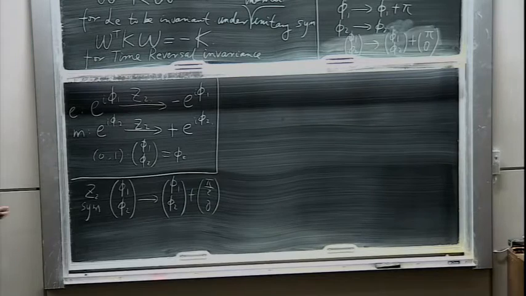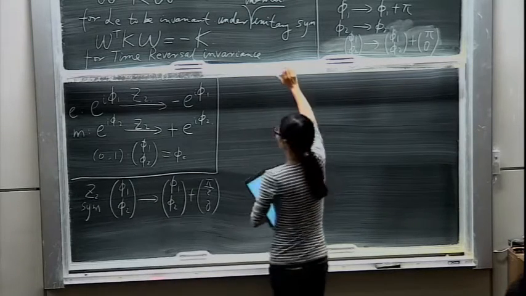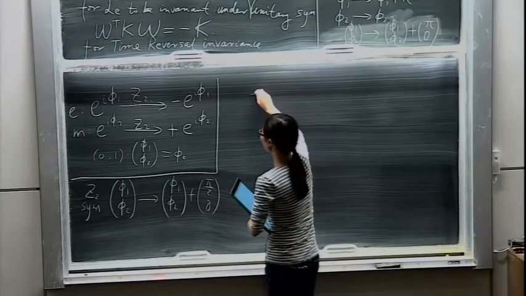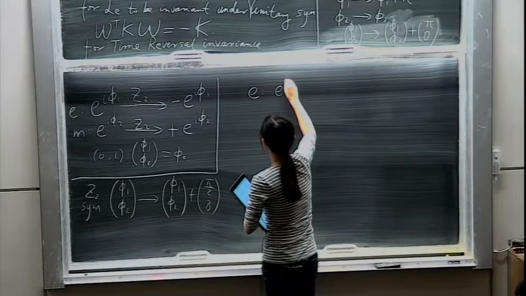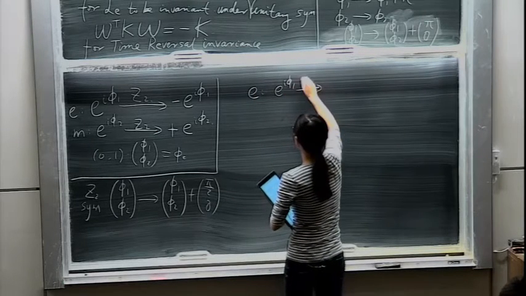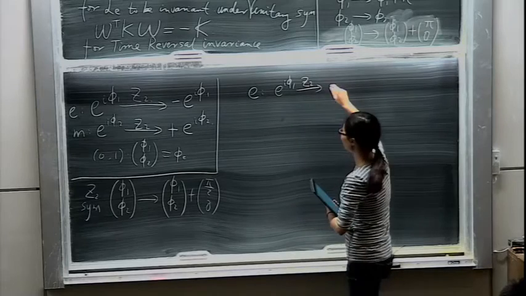Once we do that, there's fractionalization, because the E particle under Z2 symmetry gets a phase factor of i.